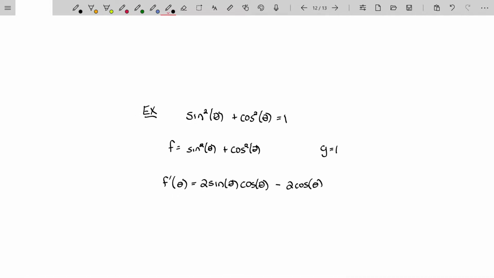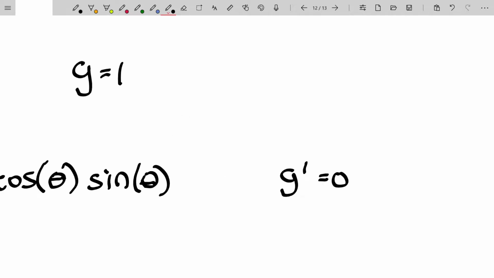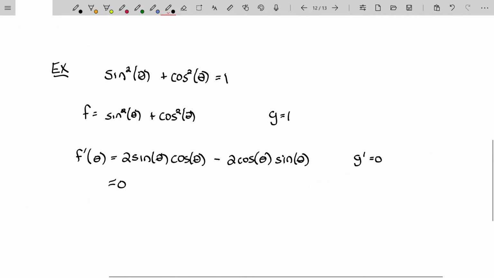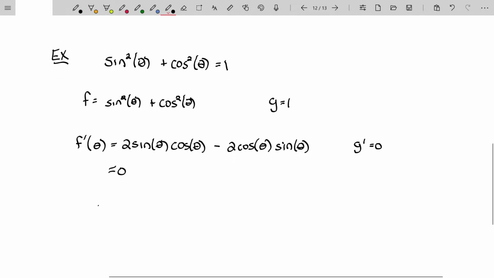The minus comes from the fact that the derivative of the cosine of theta is a negative sine of theta. And this is 0, isn't it? We can see the g prime is 0 because g is 1. So this tells us that f must equal g plus a constant C. That's a capital C. That's how I do my capital C's.